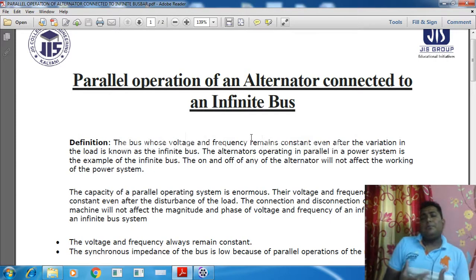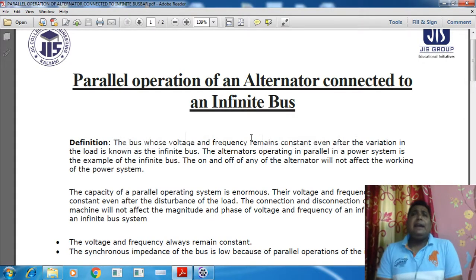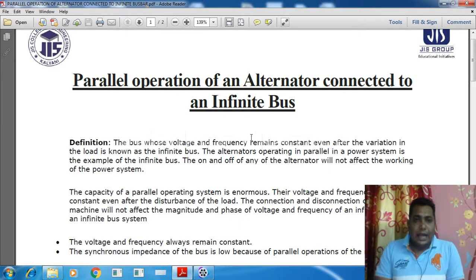The first thing we have to understand is, what do we mean by the infinite bus? Say there are two alternators connected to some bus bars, and the distance between the alternator and the bus bar may be 1000 kilometers, 2000 kilometers.